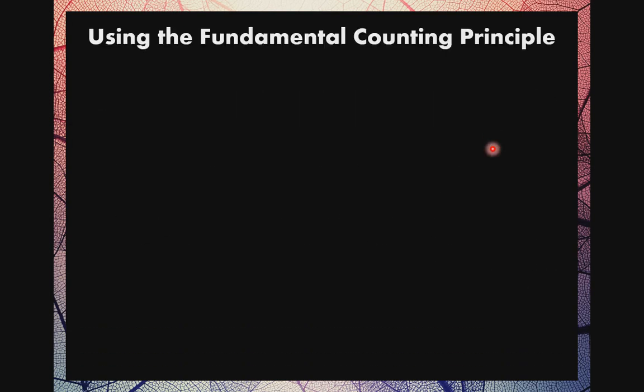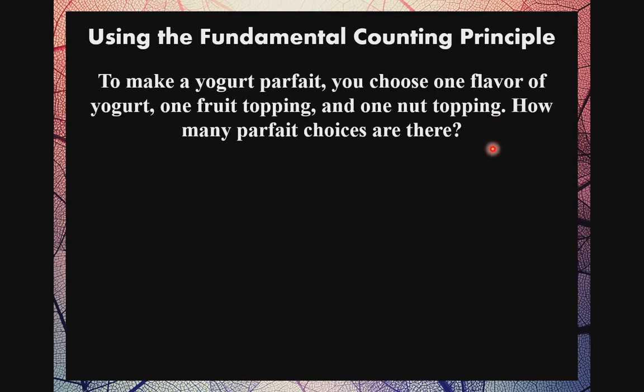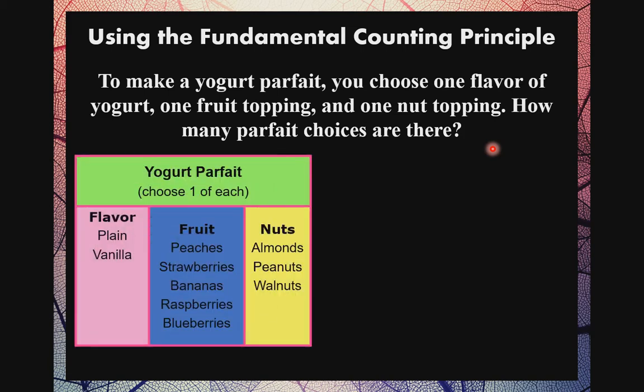Next, using the fundamental counting principle: to make a yogurt parfait, you choose 1 flavor of yogurt, 1 fruit topping, and 1 nut topping. How many parfait choices are there? First, there are two yogurt flavors. Then for fruit, there are 1, 2, 3, 4, 5. And for nuts, we have 3 choices.